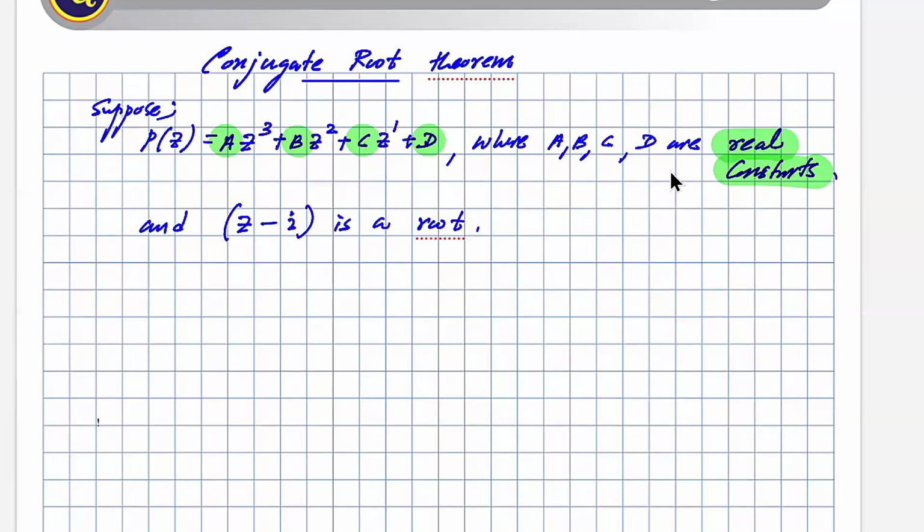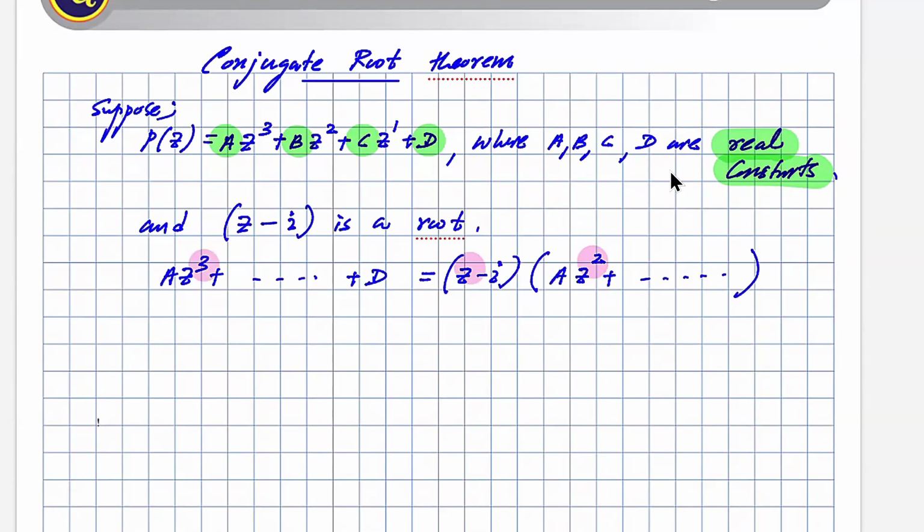So the conjugate root theorem tells you this. Now, we know that z³ plus ... plus d, you can write this one as z minus i, and then the other factor is starting with a z to the power 2 plus goes on like that, right? Now you can see the highest order is 3, 1 here, 2 here. So that makes the highest order, right?